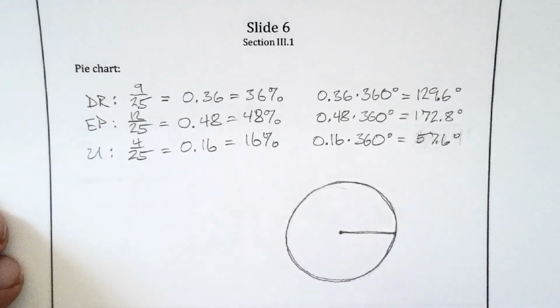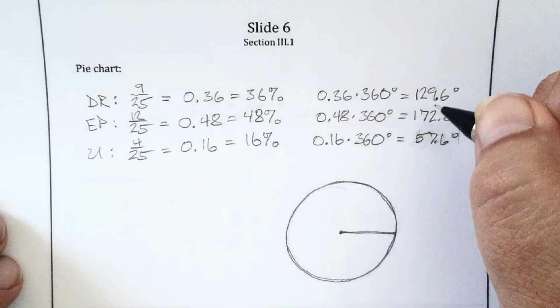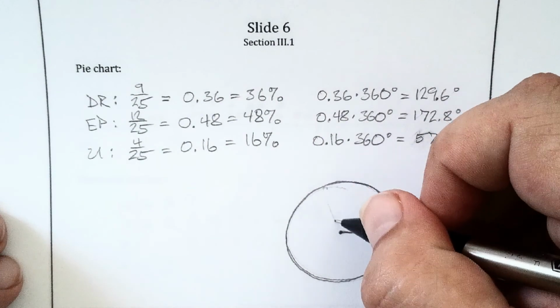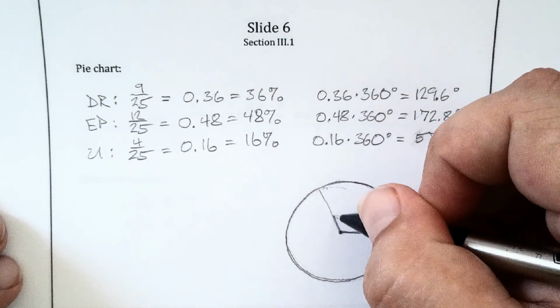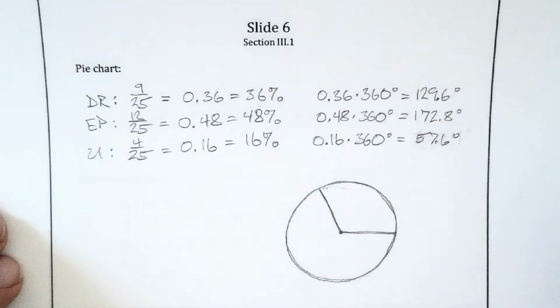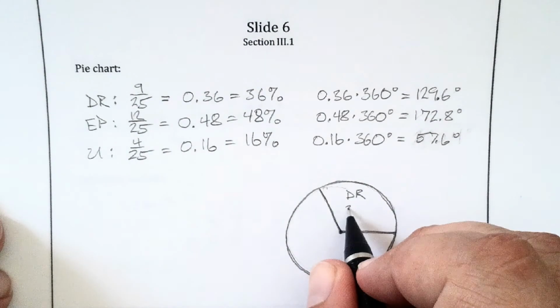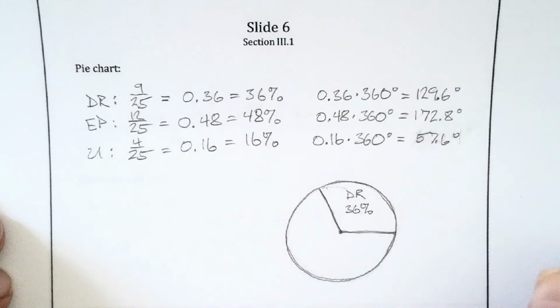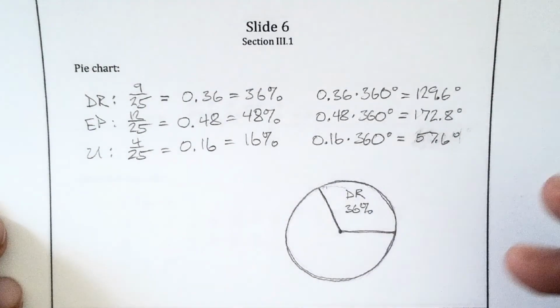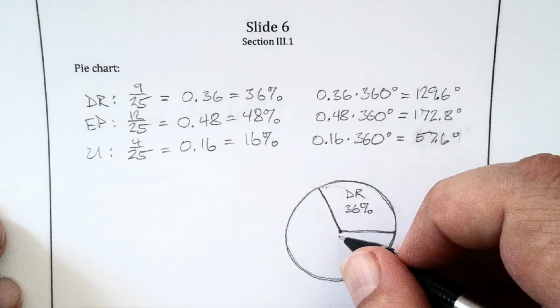Okay, so Del Rio needs to be about 130 degrees, which is maybe something like that. And so this is Del Rio, 36%. Okay, Eagle Pass is a little bit less than a half.